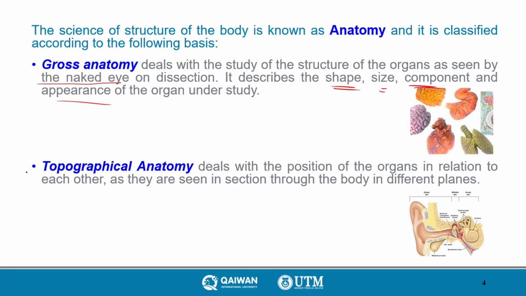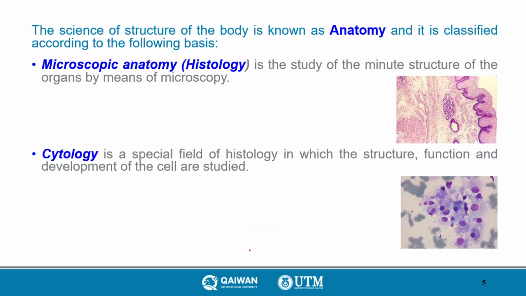Topographical anatomy deals with the position of the organs in relation to each other as they are seen in sections through the body in different planes, for example, in the coronal plane or in the sagittal plane, etc. And the relationship between them, like medial, lateral, etc.